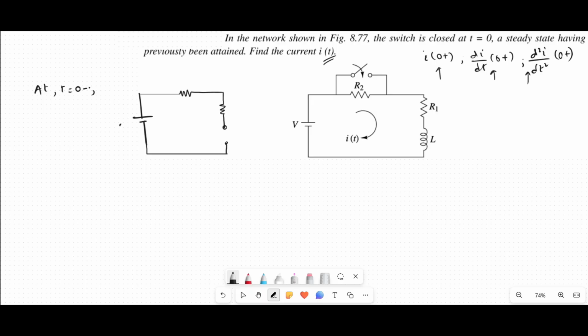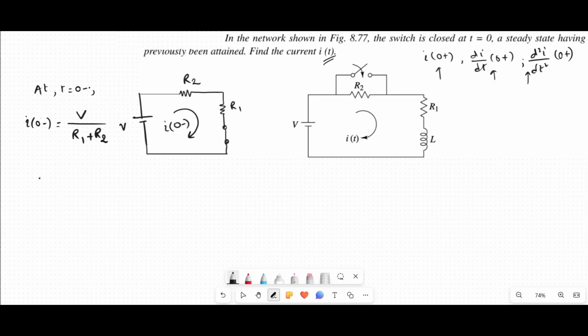Here we have the voltage source, the resistance R2, the resistance R1, and the inductor is a short circuit because it has attained the steady state, and the current is i(0 minus). Now at t equals 0 minus, the value of i(0 minus) is the ratio of voltage by resistance, so V divided by R1 plus R2.